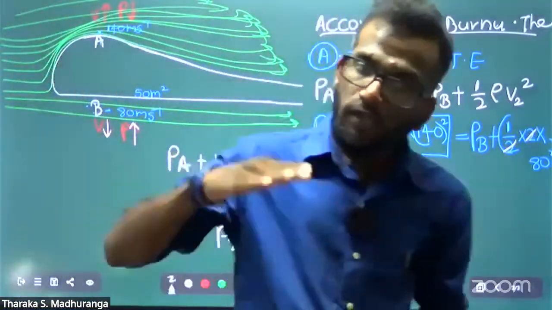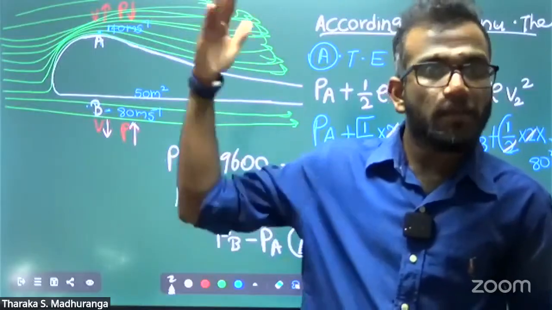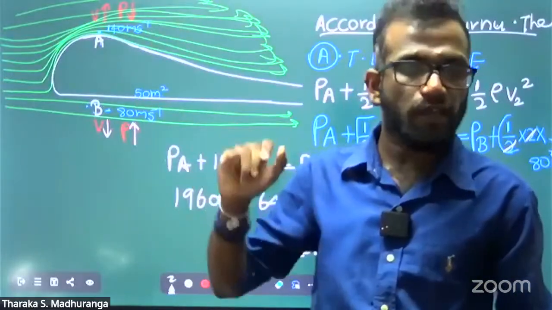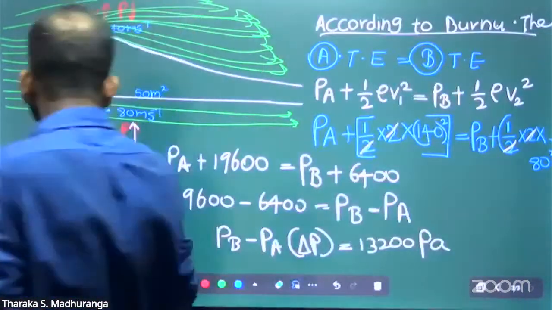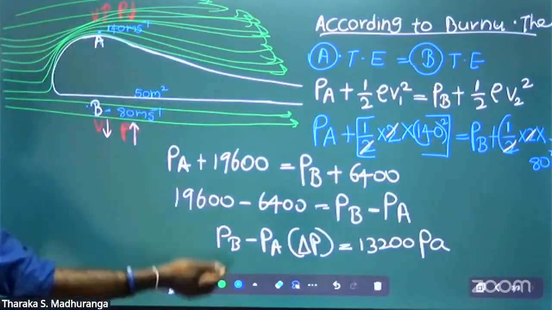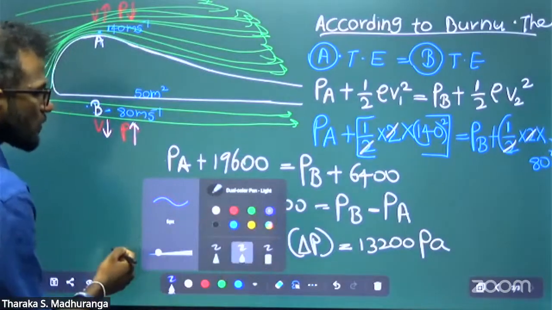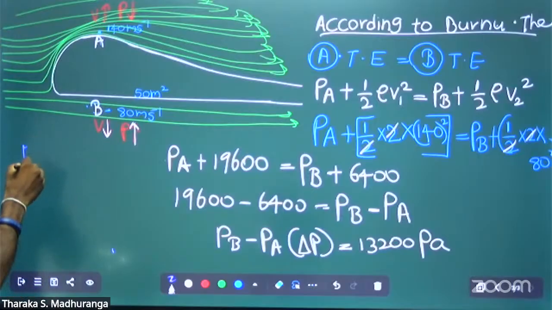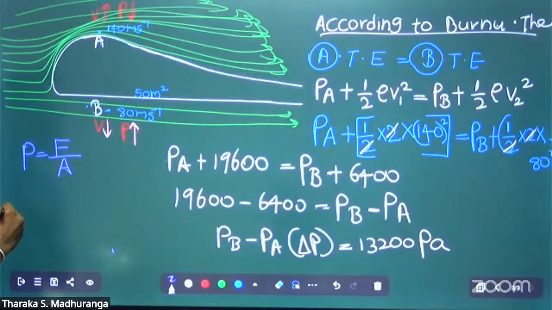Now the lower side has higher pressure. The lower side pressure is greater than the upper side. Therefore, from high pressure to low pressure, a force is exerted on the surface of the wing area. You already know pressure equals external force over cross-section area.